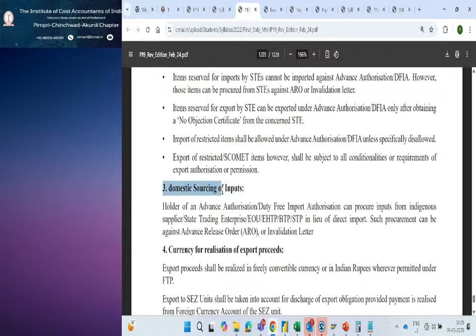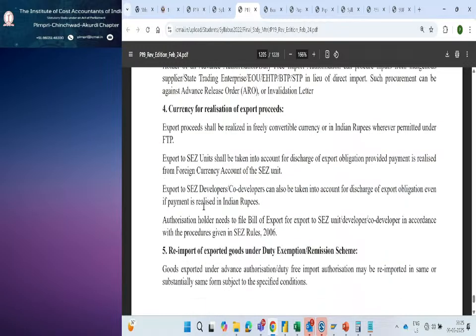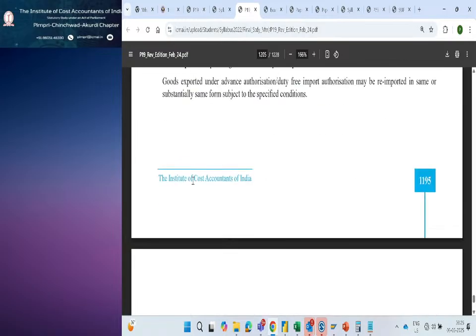This is common for both advance authorization and DFIA, duty free import authorization. The meaning is that you can apply for an advance release order and invalidation letter. These two benefits are there in both scenarios.